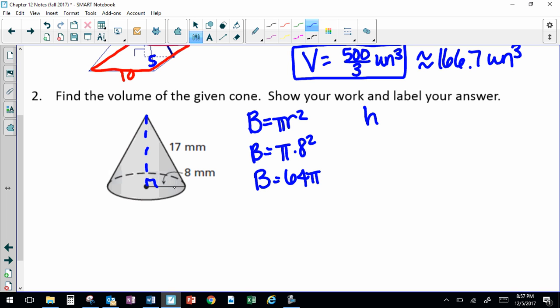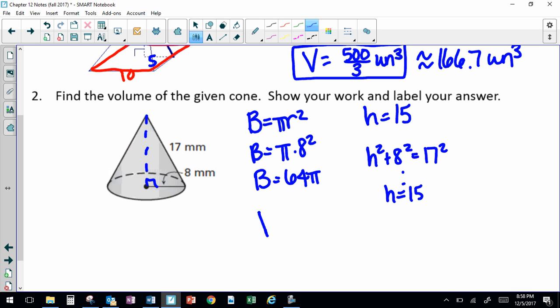So then we have a Pythagorean theorem problem. So then we would have h squared plus 8 squared equals 17 squared. So if we do the math, what do we get here? Get the square root of 225, which is 15. So h is 15.